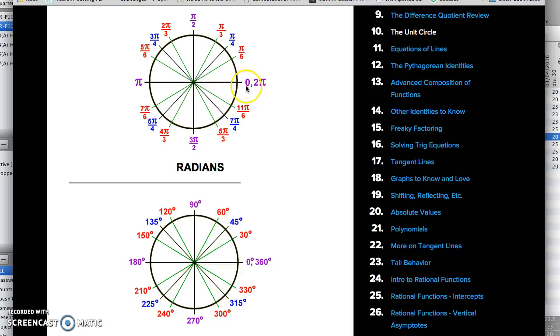You just think of the 45s as pi over 4, 3 pi over 4, 5 pi over 4, and 7 pi over 4. Those are the only two places where the sine will be negative root 2 over 2, since sine is negative down here. So that should be our answer: x is 5 pi over 4, x is 7 pi over 4.